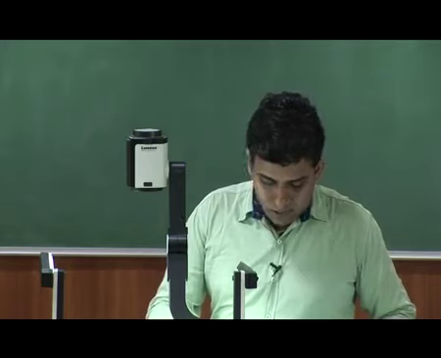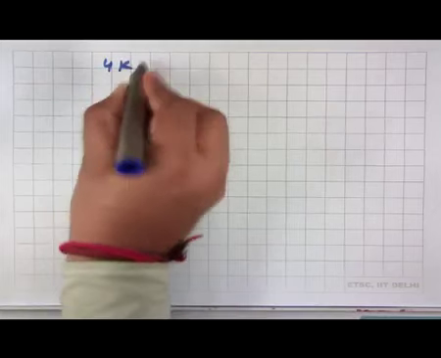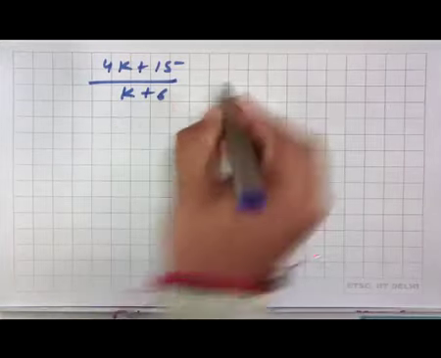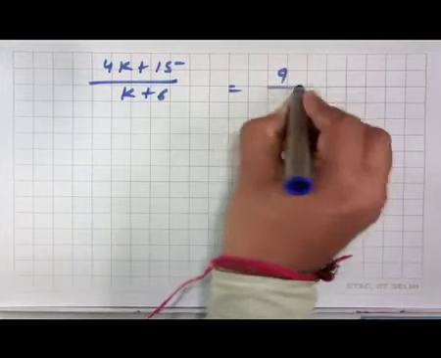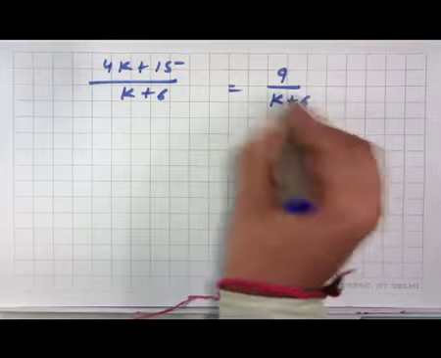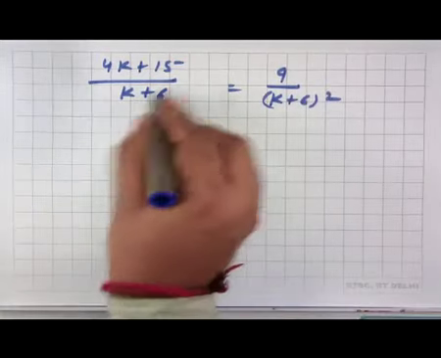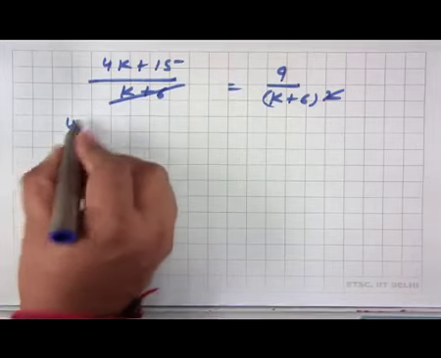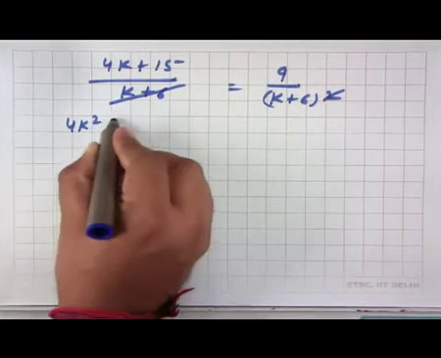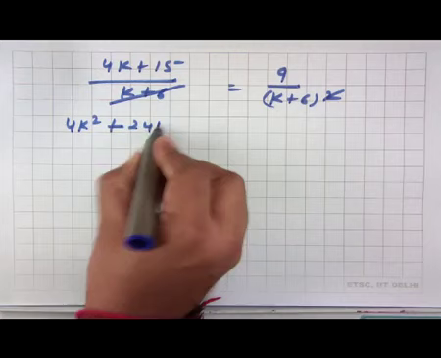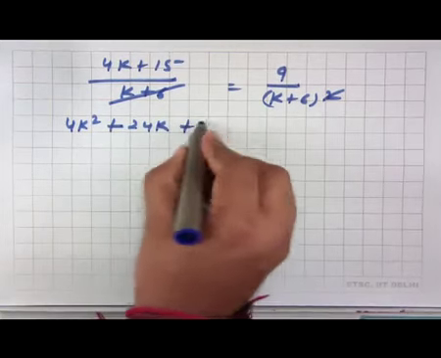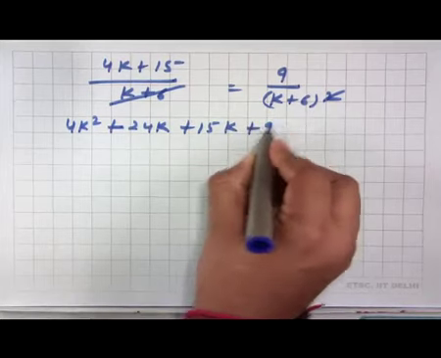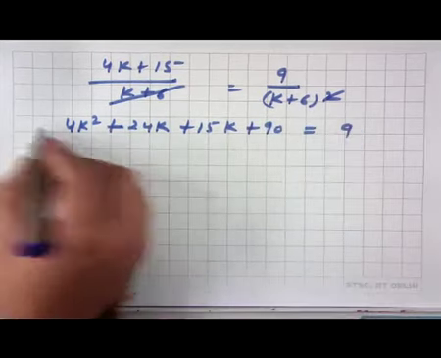The alpha square is 4k plus 15 divided by k plus 6, and it will be 9 over k plus 6 to the whole square. Now we can multiply: 4k square plus 24k plus 15k plus 90 equal 9.